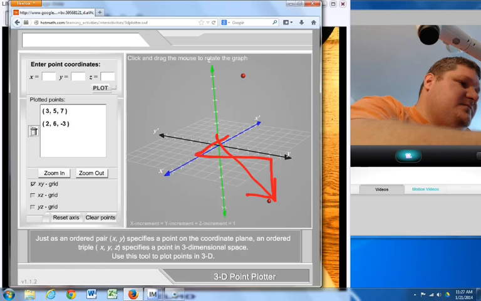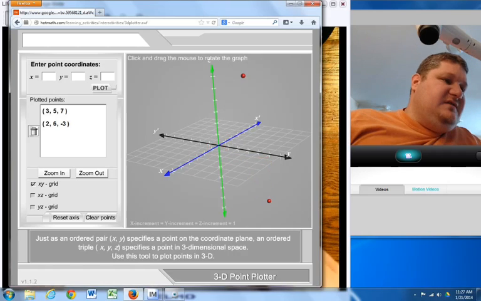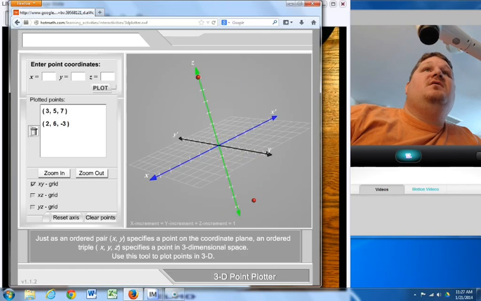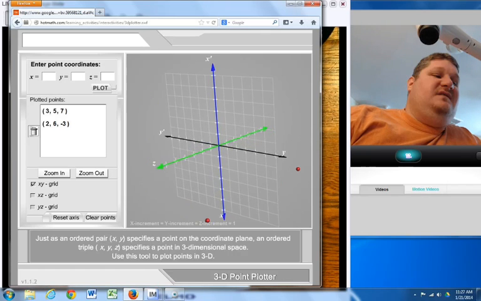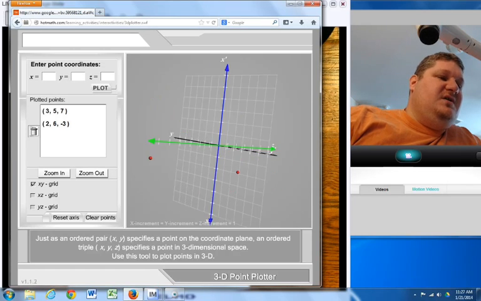You graph them on the three-dimensional axis. So you would end up with X, Y, and Z. Now, the interesting thing about it, depending on your text, your axes may be significantly different than what you think of.